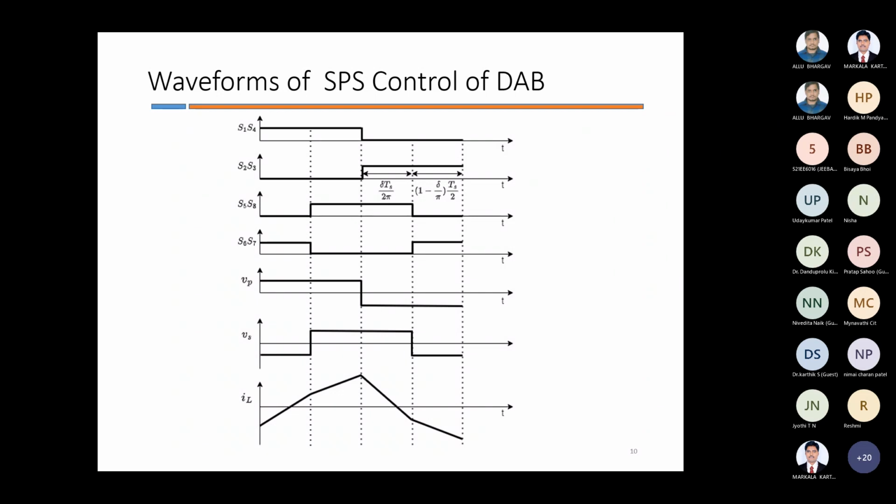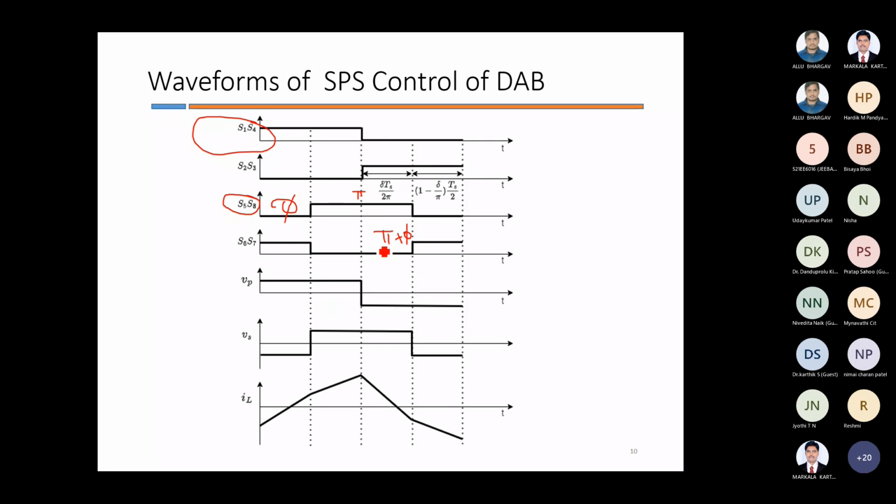And here we can see that initially when S1 S4 is on, S5 S8 will have a delay of phi. After that S5 is still on, and after pi we can see that S1 S4 is off and S2 S3 will be on, and after pi plus phi you can see that S6 will be on and S5 will be off.